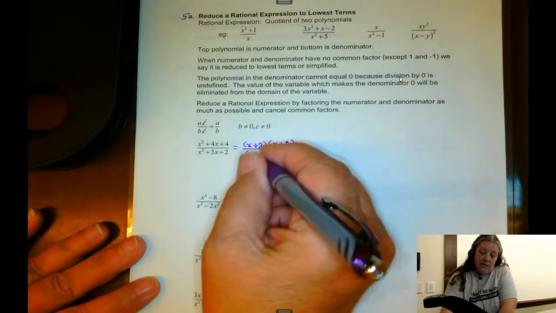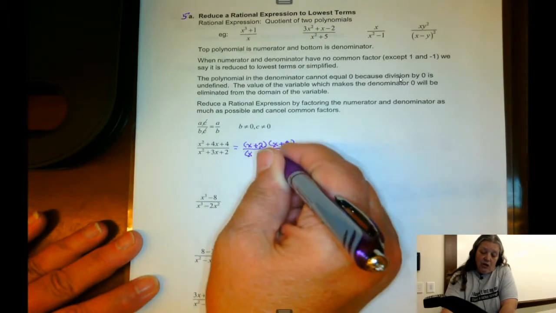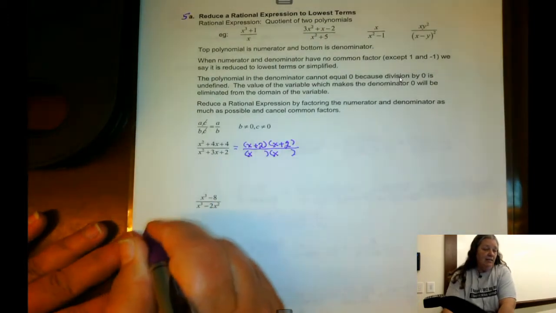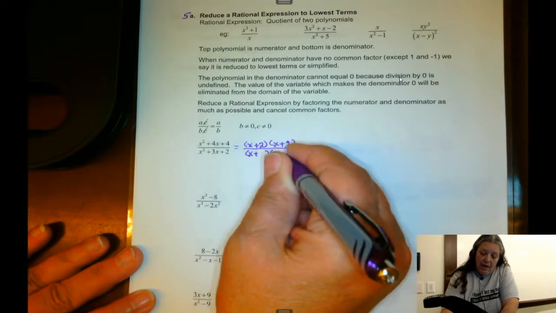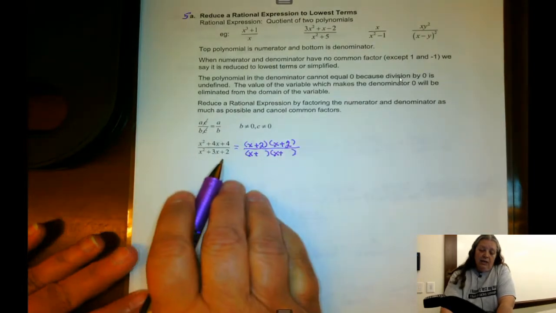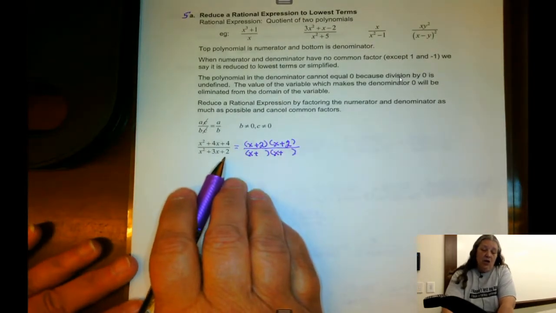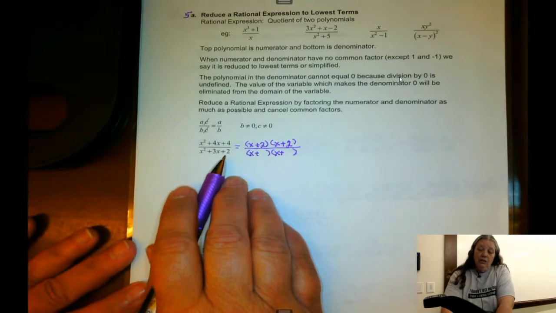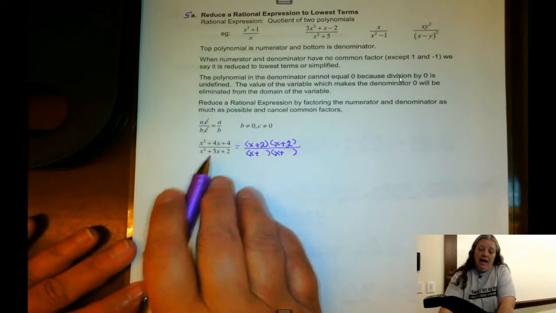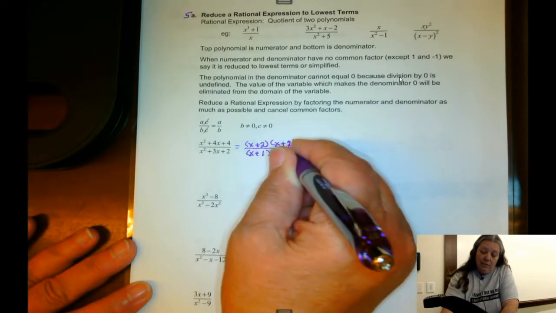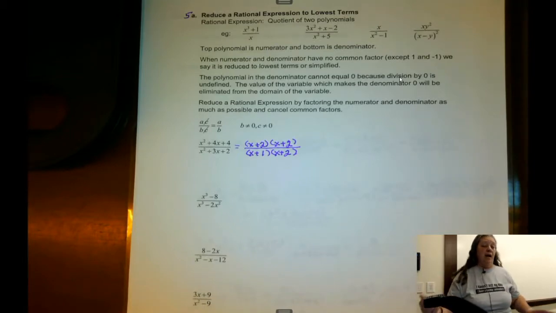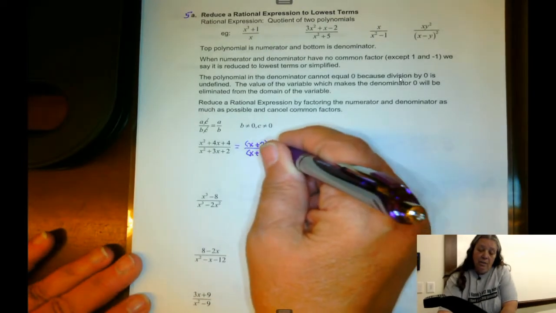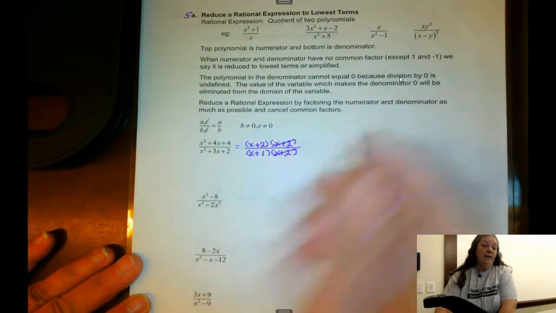Now for the denominator, we also have an x and an x. Everything's positive, so we have a plus and a plus. There aren't too many numbers which when multiplied give us 2, just 1 and 2, and when we add them we get 3, so we have x plus 1 and x plus 2. Both the numerator and the denominator have an x plus 2, so that's a common factor.